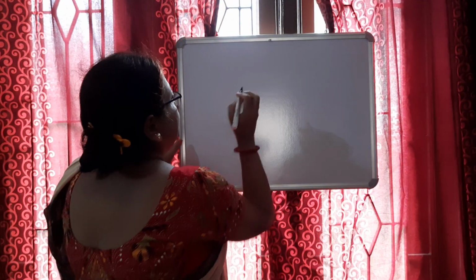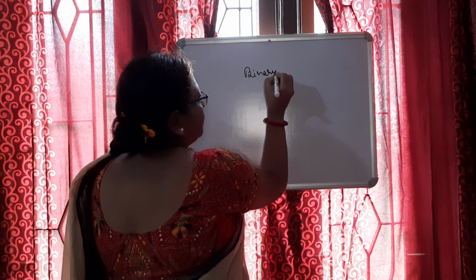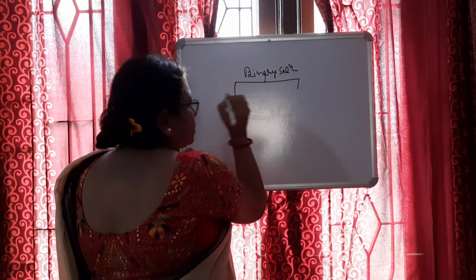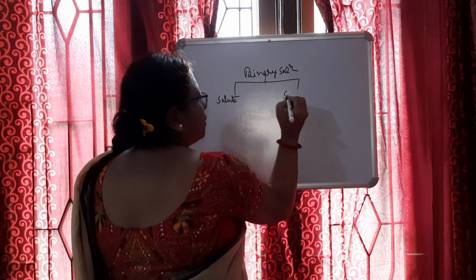So a solution is a true solution or binary solution. A binary solution consists of two components, solute and solvent.